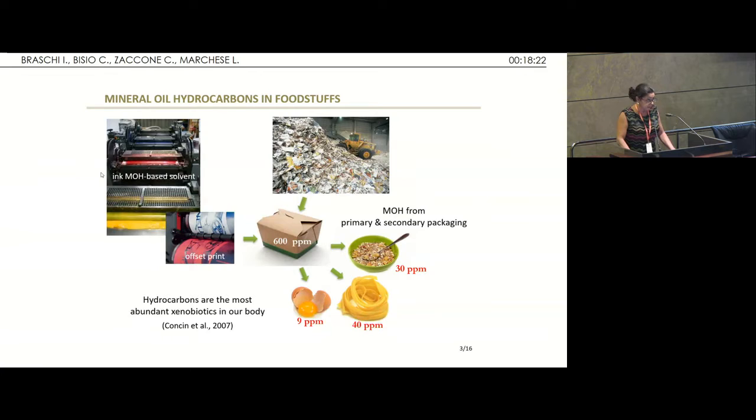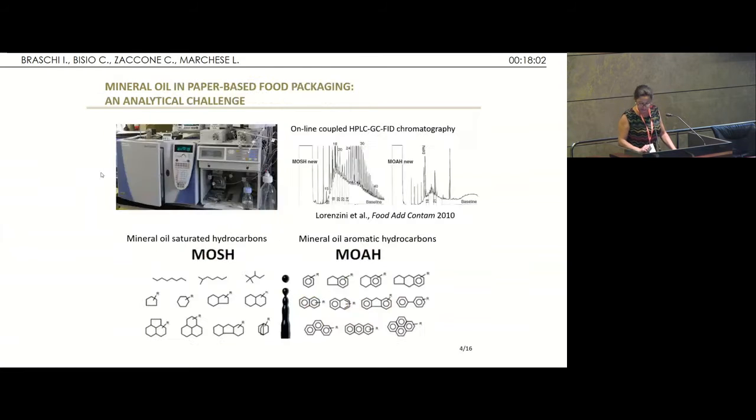So at the end, consumers can find a quite high concentration of mineral oils in the foodstuff. For example, cereals, breakfast cereals, or eggs, or egg pasta. And so we have a health problem.